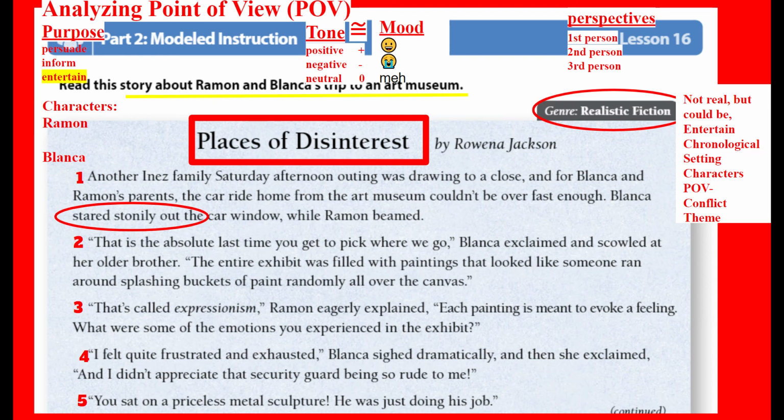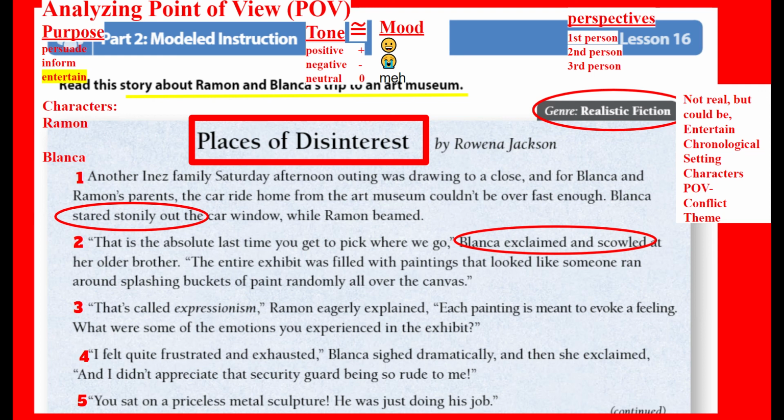That's an action. So in paragraph 2, Blanca says, "That is the absolute last time you get to pick where we go," she exclaimed and scowled at her older brother. So, we know she was not very pleased about the destination her brother chose for her family to go to, right? And she exclaims that, so that means she kind of puts it out there.